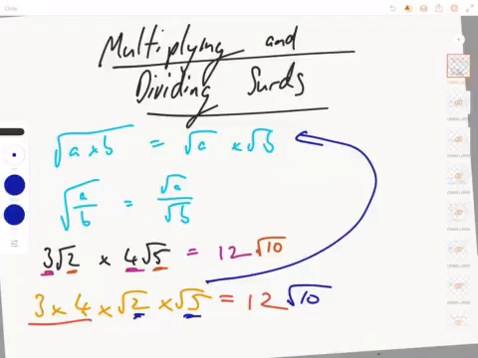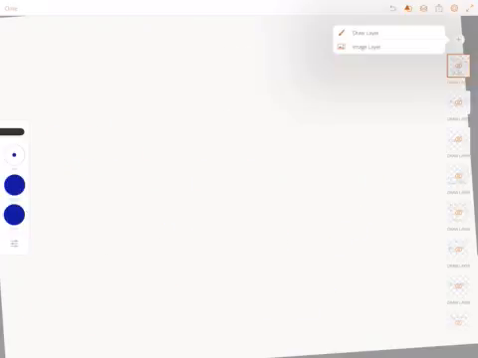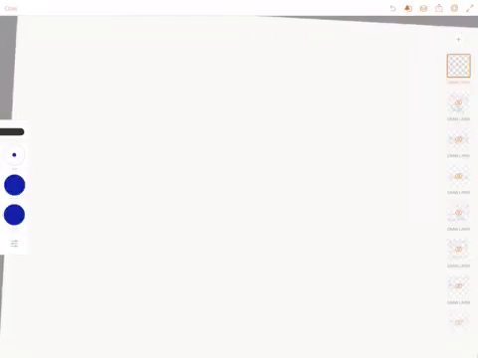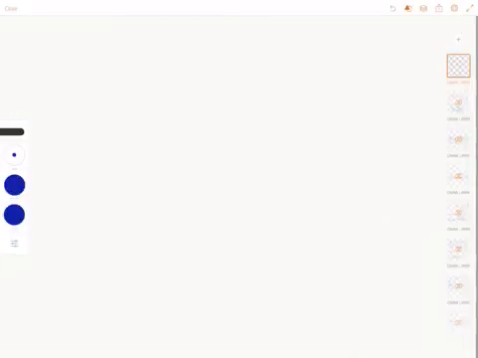Let's get some more examples though, because that's probably going to require a little bit more thought than that. So taking on something like root 3 multiplied by 2 root 12.